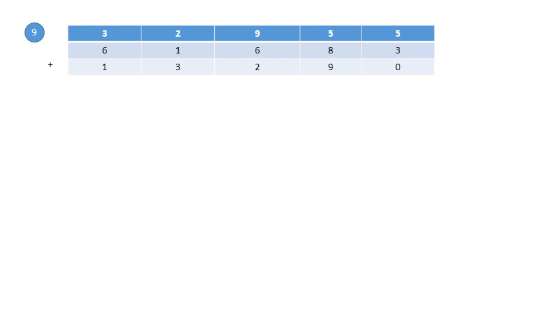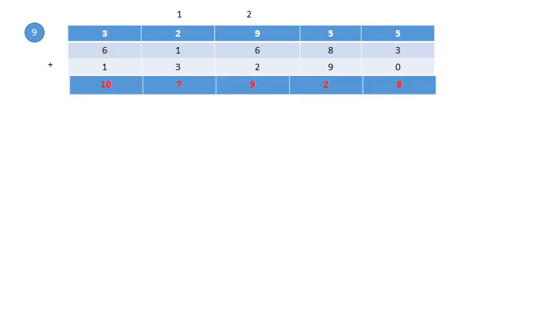So 1 will be here and 2 will be carried over. 9 plus 6, 15. 15 plus 2, and carry over 2. So what is the answer? 19. 9 will be here, 1 carried over. 2 plus 1, 3. 3 plus 3, 6. 6 plus 1, 9. And 6 plus 3, 9. 9 plus 1, 10. So this is your answer.